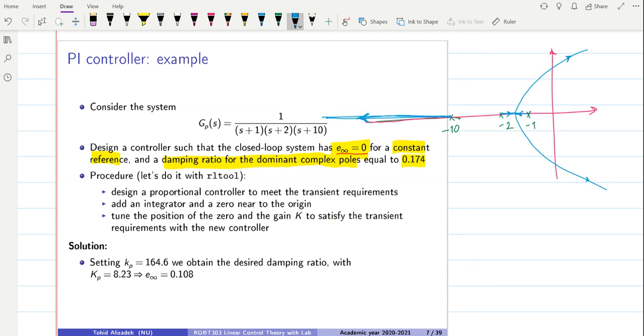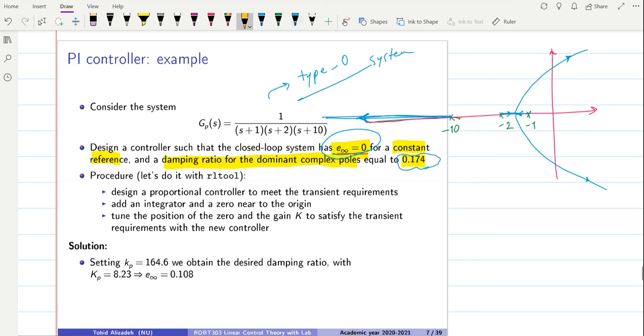We know that the type of the system is 0, so we have a type 0 system, and therefore the requirement on the steady state error will not be satisfied using a proportional controller. But the requirement on the damping ratio could be satisfied using a proportional controller.